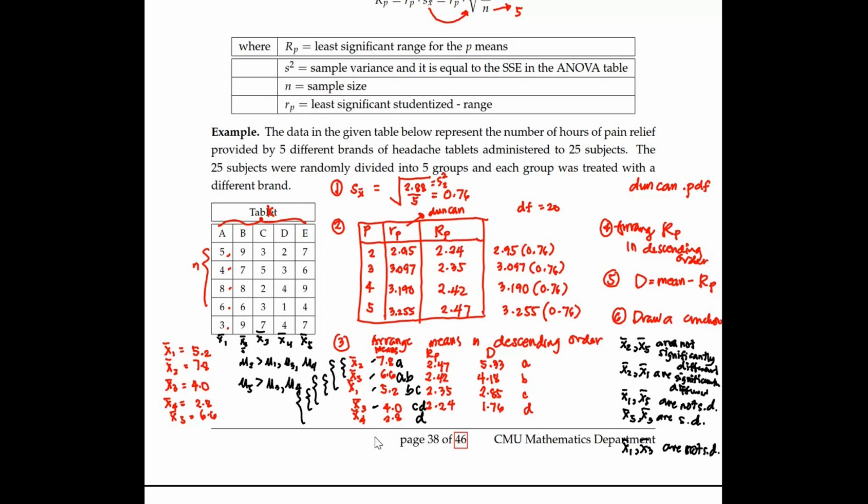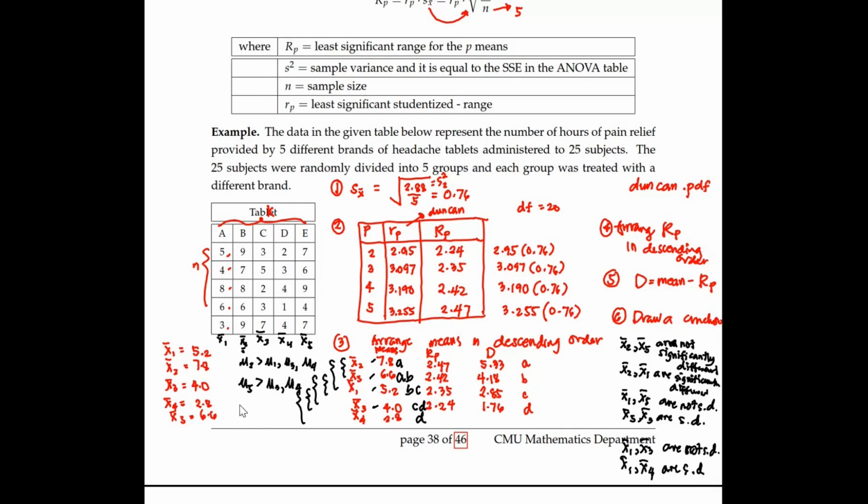So, kay wala man, then we can conclude that x sub 1 and x sub 4 are significantly different.